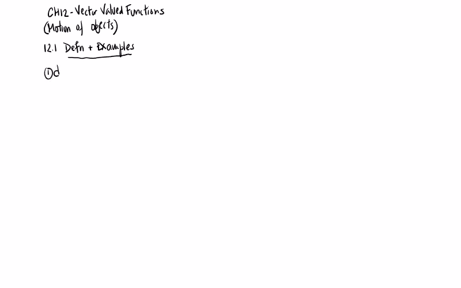Now, funnily enough, we've seen a vector valued function before, but we didn't use that term. A vector valued function, which I'm going to abbreviate VVF so we can be a bit lazy, is nothing more than a function which inputs a real number and outputs a vector.